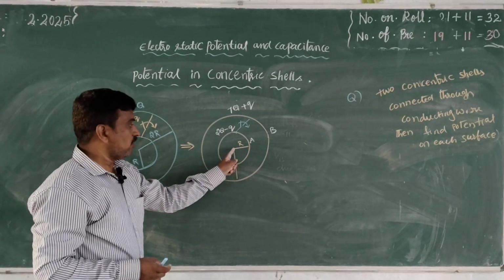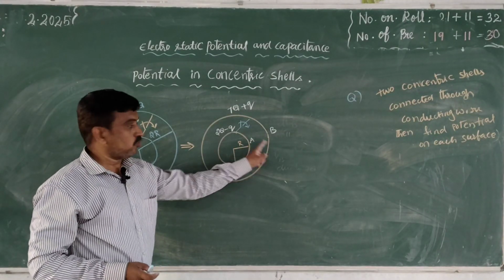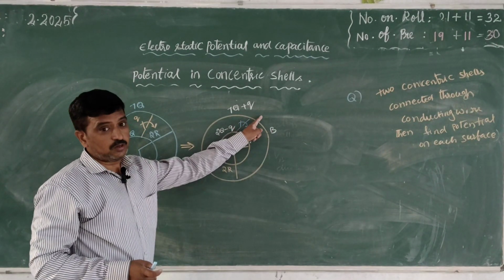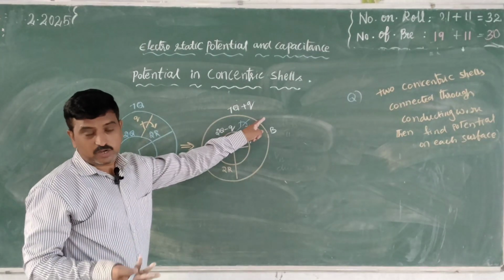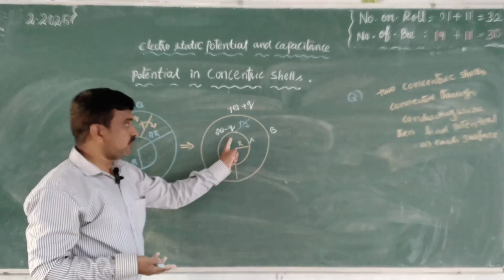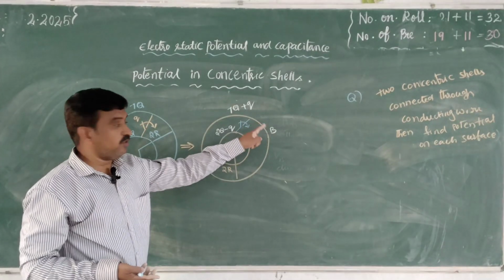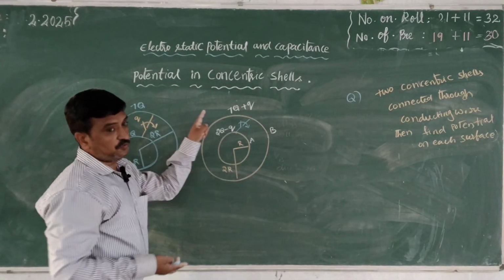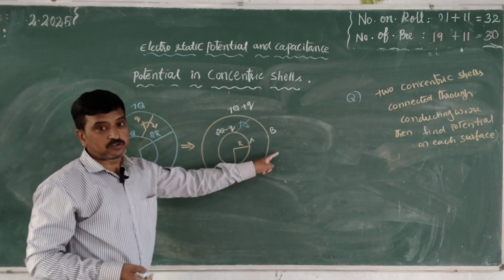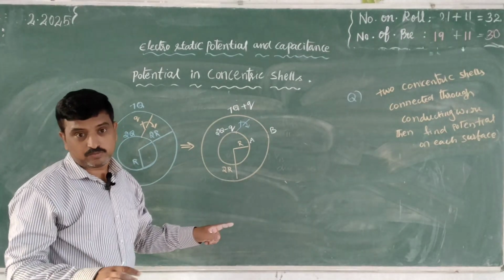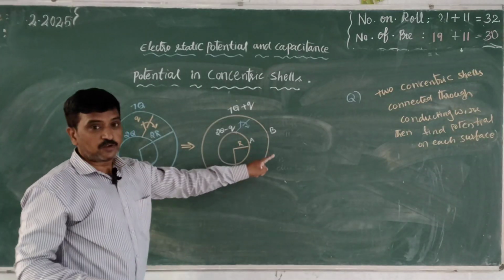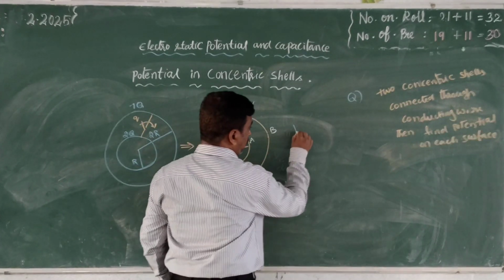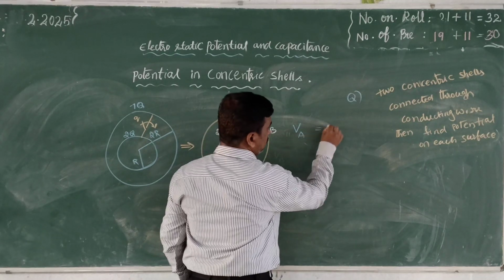So from center to surface total charge is transferred from here to here. Automatically it will transfer. Why? Because this is a conducting shell. So that's why charge will be transferred. Charge transfer means total charge will reside on this surface. In that case, from center to surface potential maintains the same. That's why potential on A is equal to potential on B.